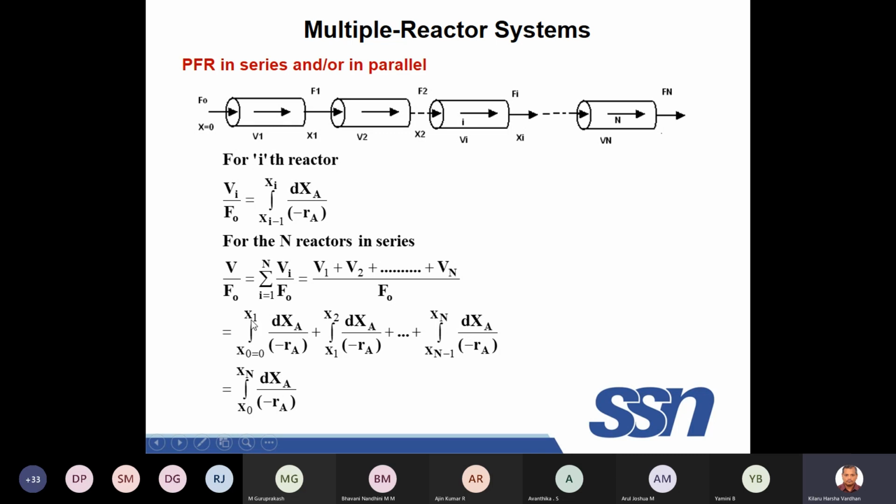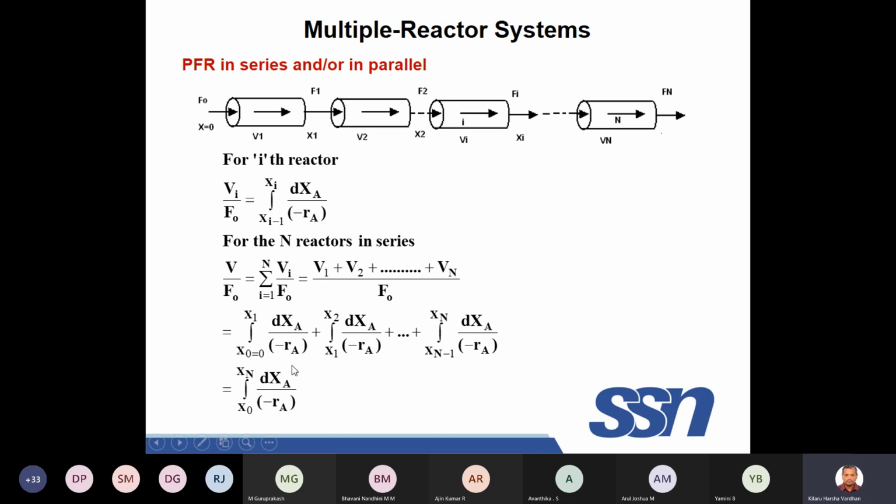Therefore, if you do the integration, you can put one integral from the lower limit to the upper limit, dxa by minus Ra. This is from the basic calculus which you studied in maybe 11th or 12th, right? So this is the expression: sum of Vi by F naught is x0 to xn dxa by minus Ra.